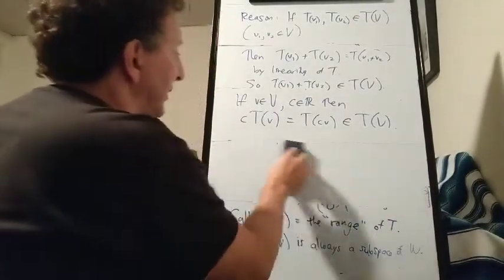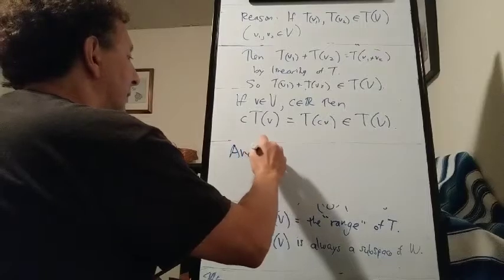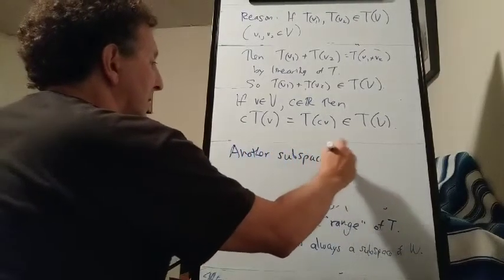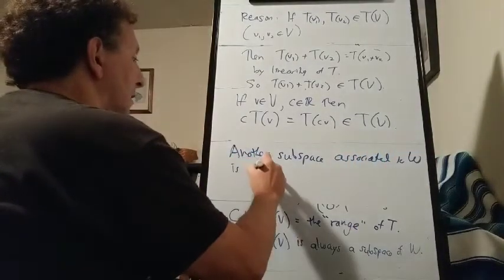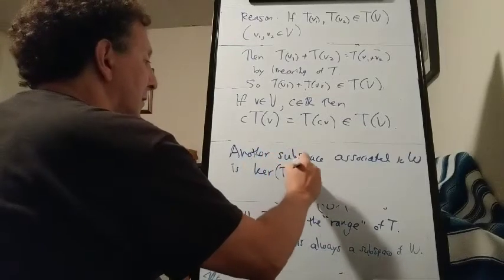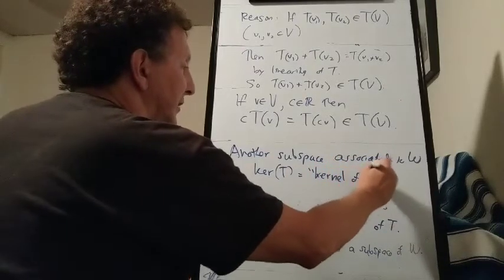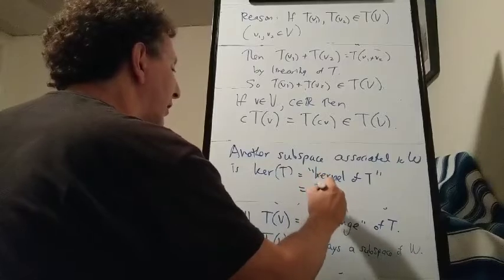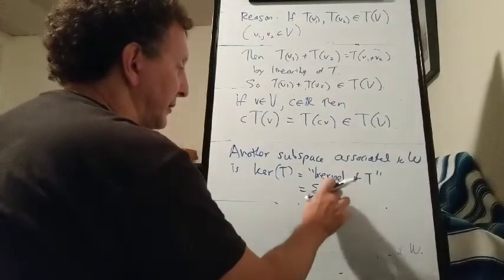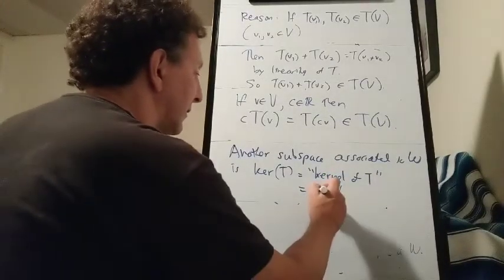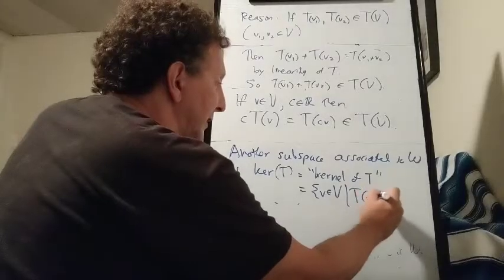Now another subspace associated to the map T is called the kernel of T. So we write ker T, that stands for kernel of T, and that's all of the vectors, let me call this little v, all the vectors little v in the vector space capital V such that T of little v is 0.